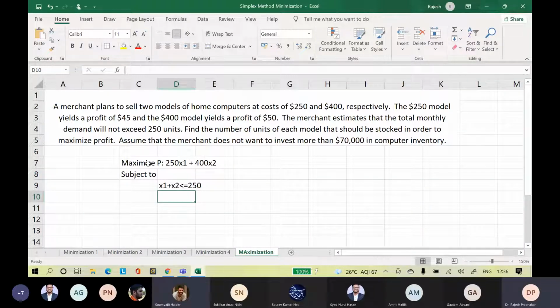Sir, $250 is the selling price, right? Yeah. So, sir, 250 minus 45 x1 plus 400 minus 50 x2 should be less than equal to 70,000.